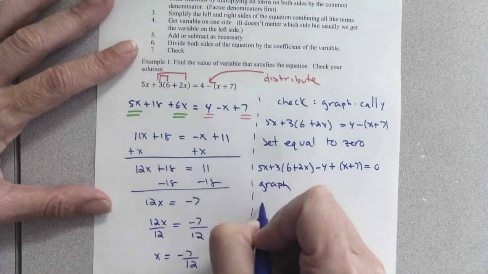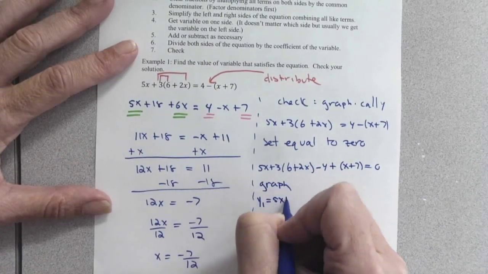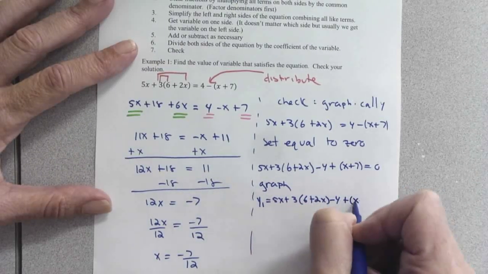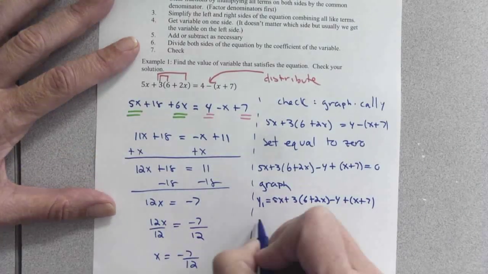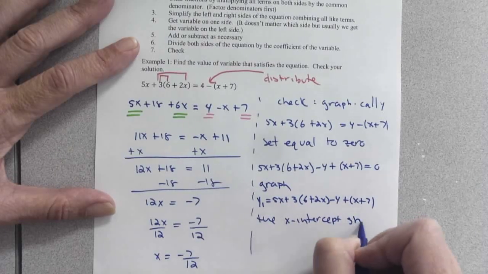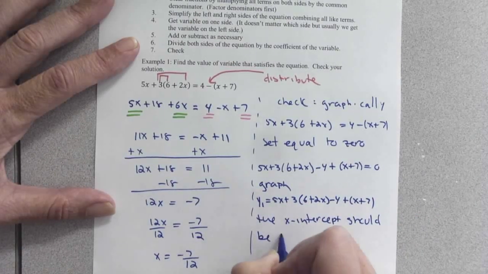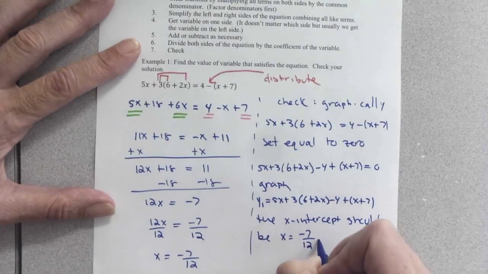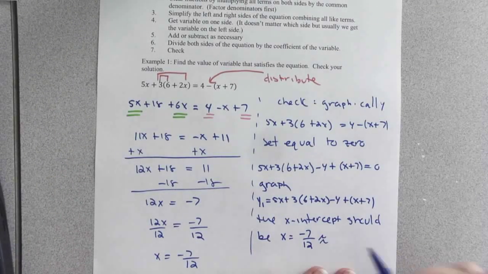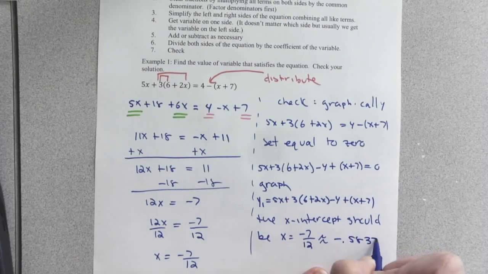And then I'm going to graph in y1 5x plus 3 times 6 plus 2x minus 4 plus x plus 7. And then the x-intercept should be -7/12. And for checking purposes only, -7/12 is roughly -0.58333.